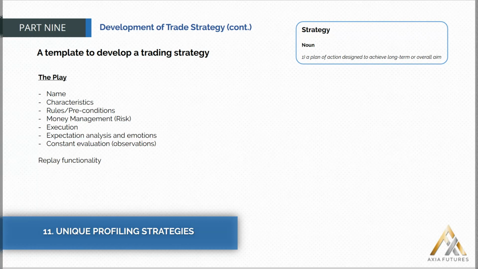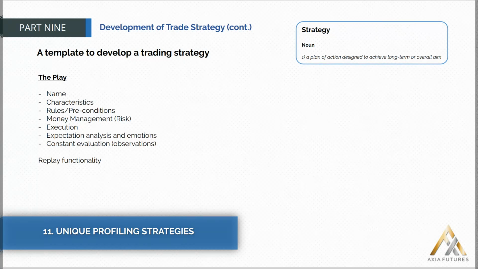Now, what we're going to do going forward is I'm going to take this template. I'm going to start by developing 4 unique subset strategies with you. Those subset strategies will include anomaly strategies, they'll include momentum strategies, they'll include trending strategies, and then reversal strategies.